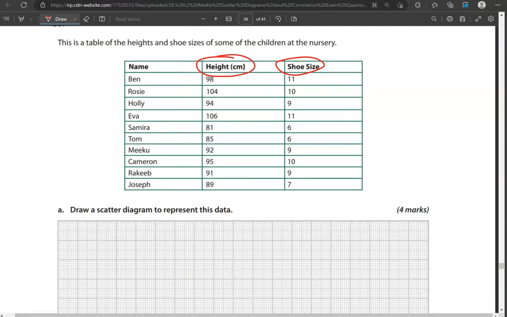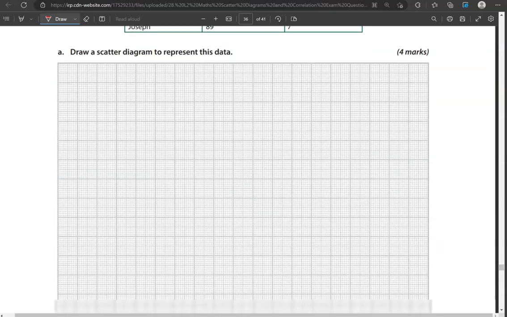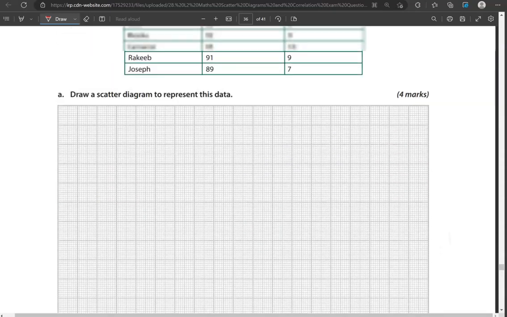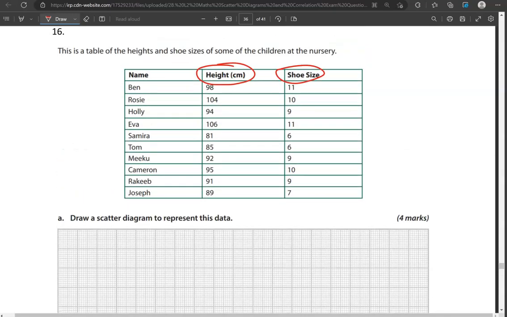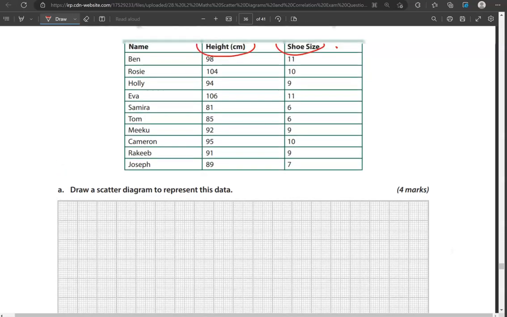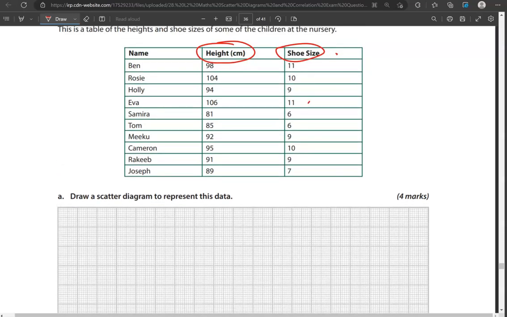It doesn't really matter, but looking at how much space we have available, it makes sense to represent shoe sizes vertically because they only go up to 11, and the height in centimeters horizontally because they go up to 106.